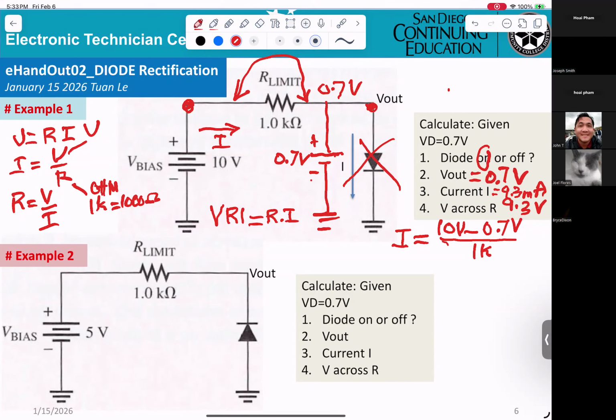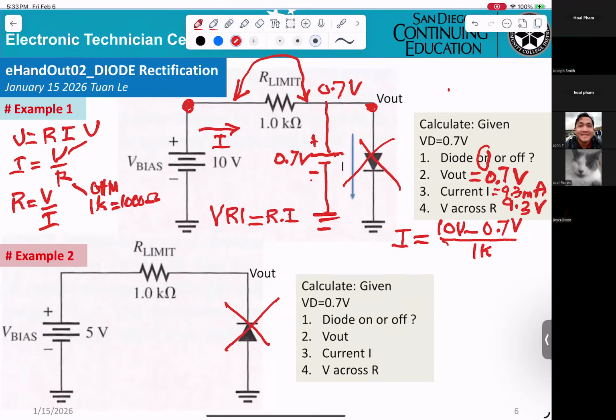Example number 2. Now, if you're looking at the circuit, I want to tell you, you must come up with diode on or diode off. In order to do it, suppose there is no diode here.